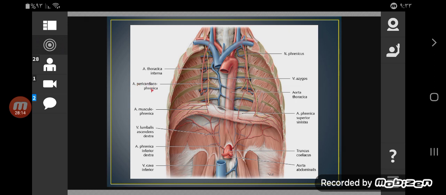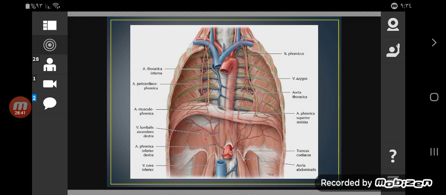This artery supplies the pericardium and the diaphragm; phrenic means diaphragm. Another branch of the internal thoracic artery which supplies the diaphragm is the musculophrenic artery.